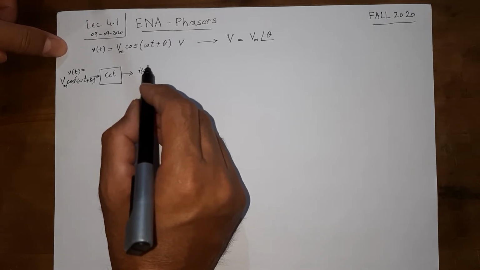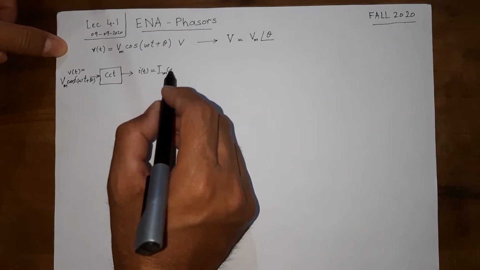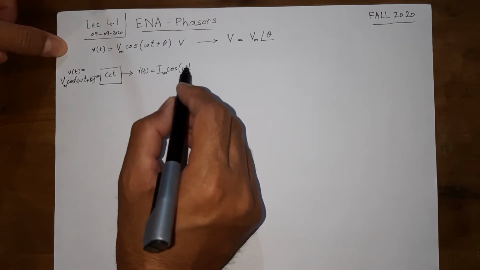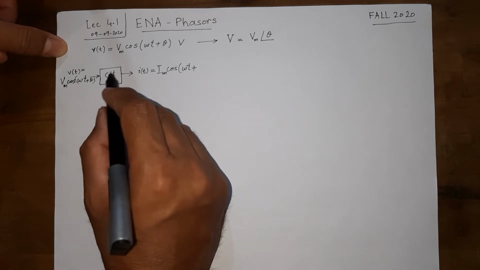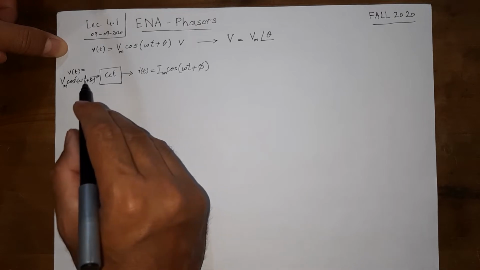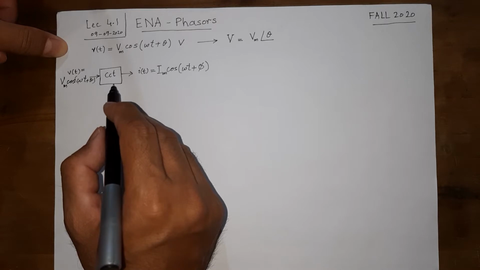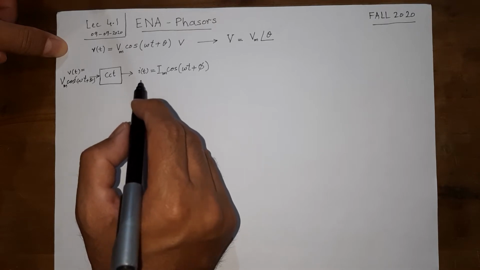It can be current, it can be some voltage, of this form. We saw that if this linear circuit is an RLC circuit, then in order to solve for this current, we need to solve integral differential equations, which is not very easy.